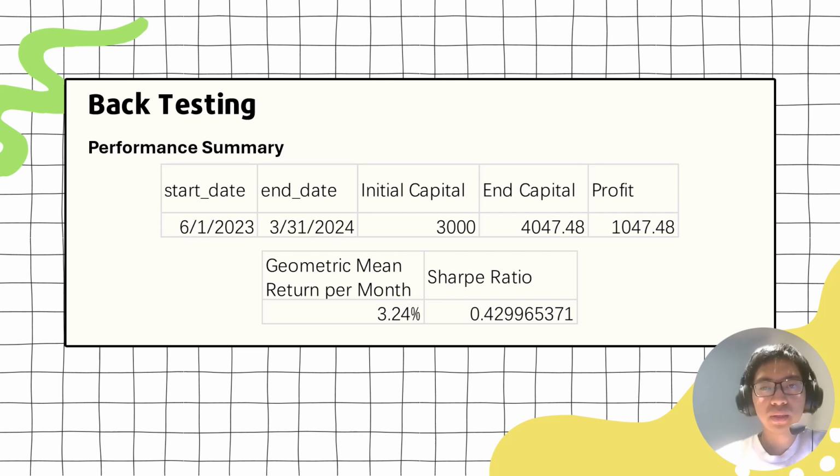The geometric mean return per month is 3.24%, showcasing consistent growth over the period. Our Sharpe ratio is about 0.43, indicating a good balance between return and risk.